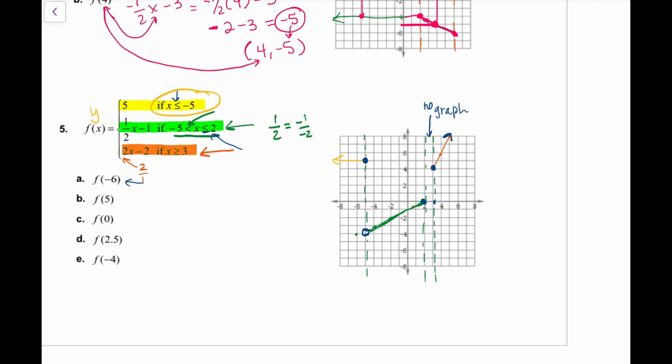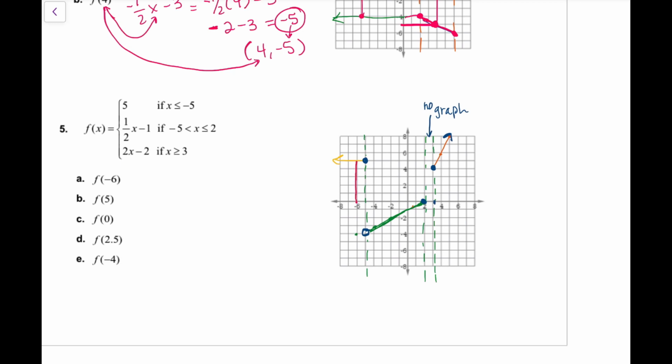So at f of -6, I can do it on the graph if I want, or I can use the equations. F of -6 is here, and it is at 5. So since -6 is less than -5, we're using this equation, and the y is going to equal 5. Or we can look at it on the graph right here, y is equal to 5. When x is 5, 5 is greater than 3.